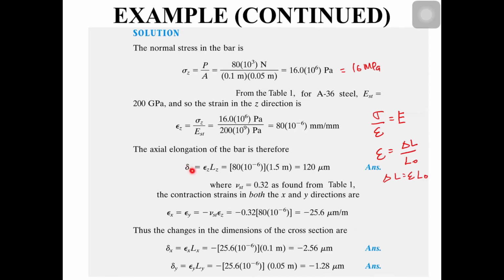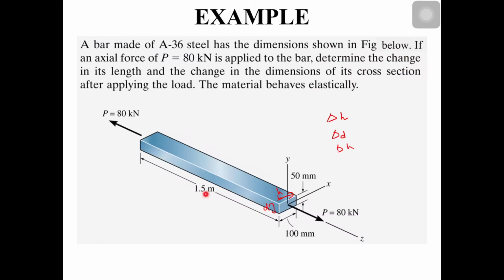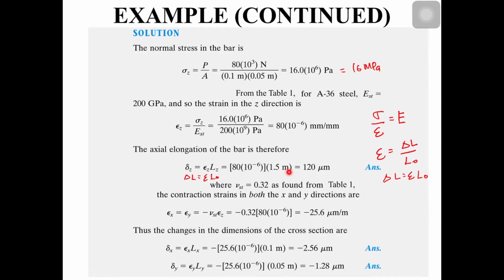Same with this one. So strain you have 80 here, times original length, which is 1.5. So the elongation is 120 micrometer, where micrometer is basically 10 to the power of minus 6.